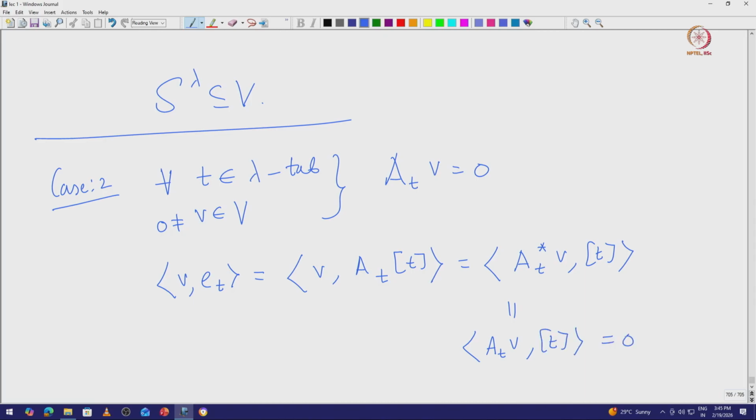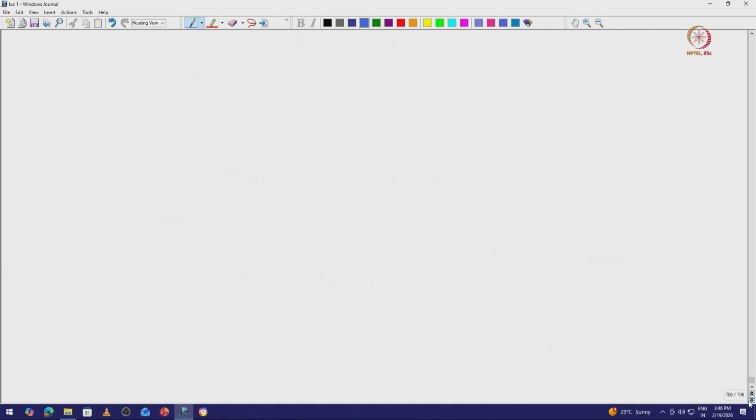So, v is orthogonal to C e_T for all T. That implies that v is orthogonal to S lambda, that means v is in S lambda perp. So, this proves that an invariant subspace either contains S lambda or is contained in the orthogonal complement of S lambda, and that proves that S lambda is indeed irreducible. This completes the proof of irreducibility.